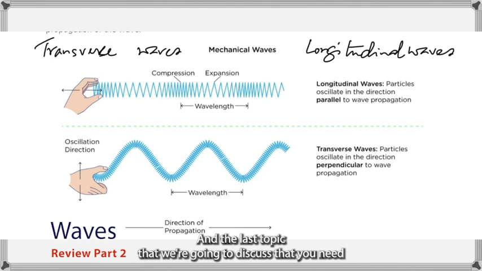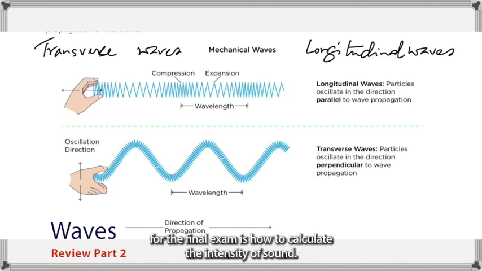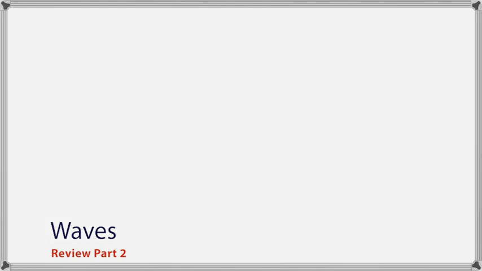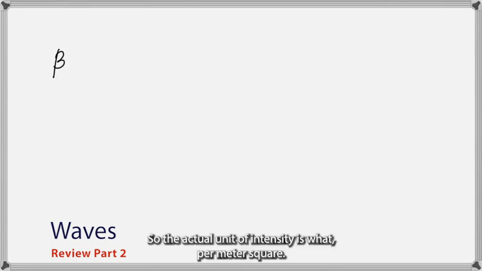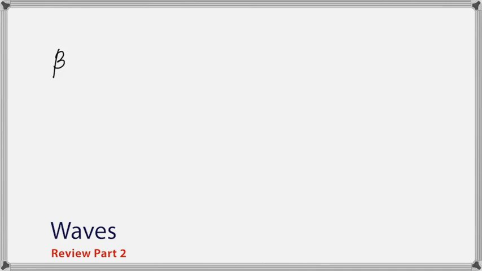And the last topic that we're going to discuss that you need for the final exam is how to calculate the intensity of sound. Now, the intensity of sound is calculated in a unit called decibels. So the actual unit of intensity is watt per meter square. So we need to know how to change from watt per meter square to decibels. Here is a formula.